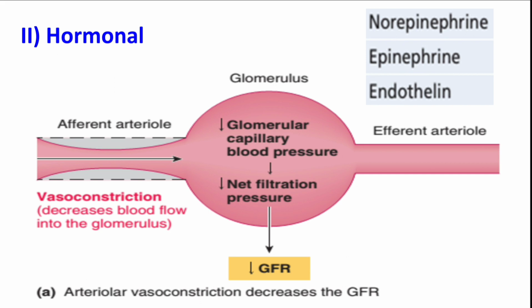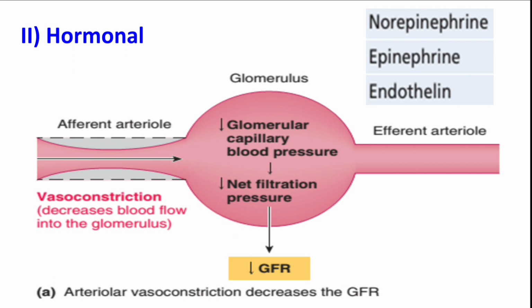The effect of vasoconstrictors like norepinephrine, epinephrine and endothelin is just like that of the nervous or sympathetic stimulation. That is, they cause vasoconstriction of the afferent arteriole and increase the resistance of the afferent arteriole and decrease the renal blood flow, due to which PG or glomerular capillary hydrostatic pressure decreases and it decreases GFR.